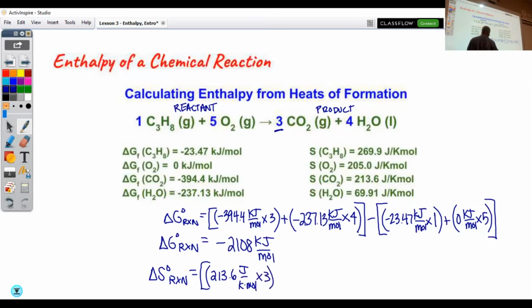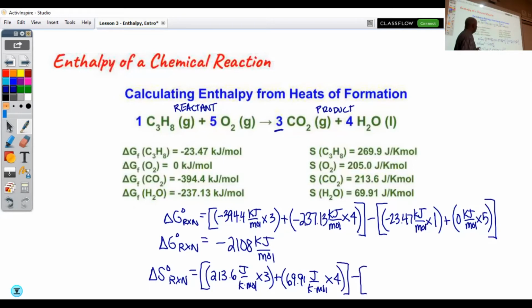So we're going to multiply that by 3. Then we're going to add on to that the value for water, 69.91 joules per Kelvin mole. This time we're going to multiply that by 4. Close the square bracket.